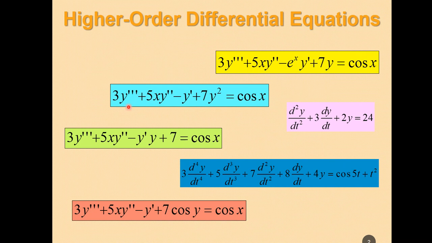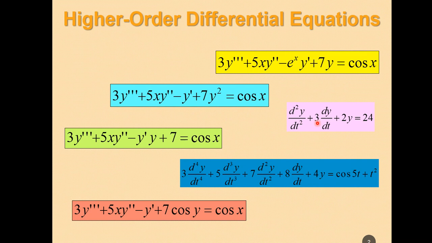So this one is a higher order non-linear differential equation because your unknown function here has an exponent other than 1. Should any of the derivatives of your unknown function have an exponent other than 1, it will also make the differential equation non-linear.